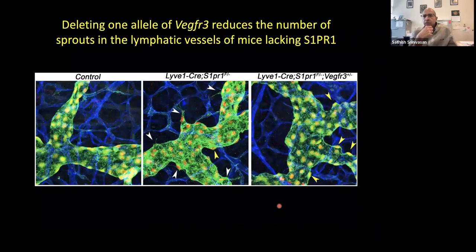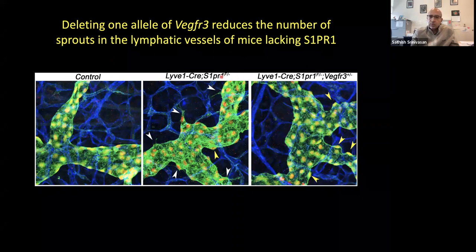And as I mentioned to you, VEGFR3 signaling is the most potent, most critical lymphangiogenic signaling pathway known. So we tested whether S1PR1 could be antagonizing this particular signaling pathway. The way we did it is by removing one allele of VEGFR3 in the context of the S1PR1 mutant.